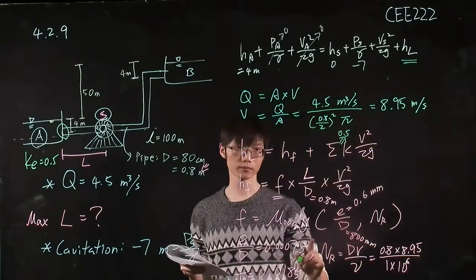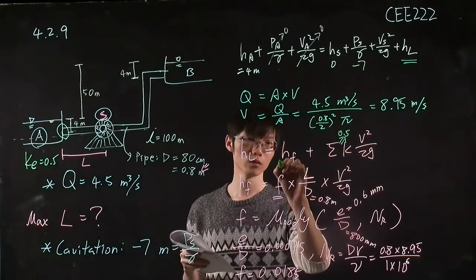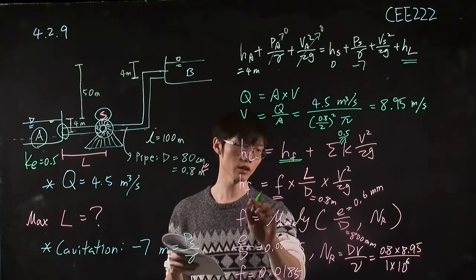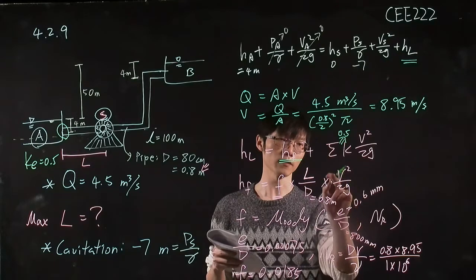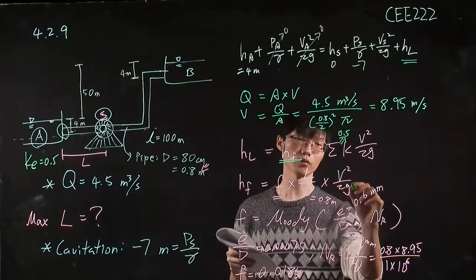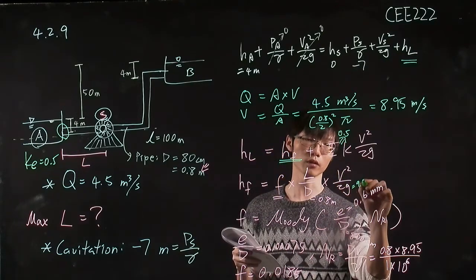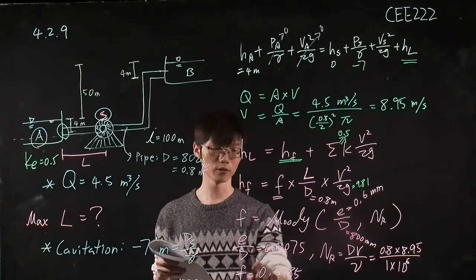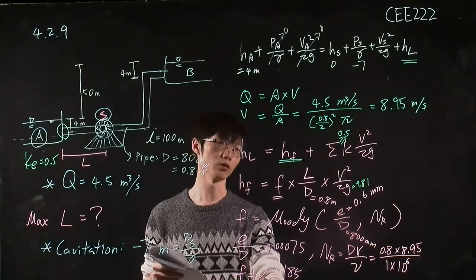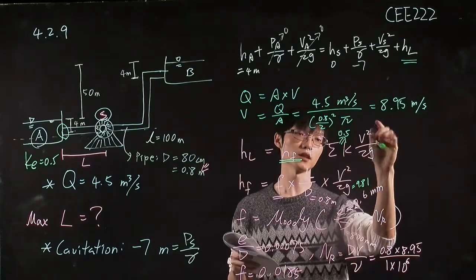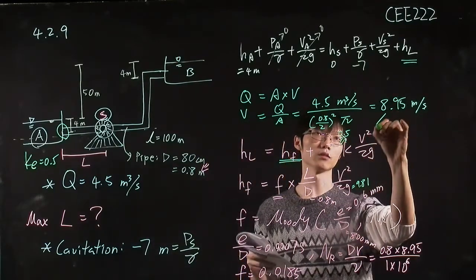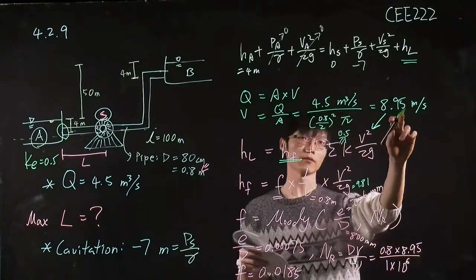So now you know this hf, and using this equation, the only unknown is L. Velocity you know, g you also know, g is equal to 9.81. f you already used the Moody diagram to find, so you also know that. And the velocity here is equal to 8.95.